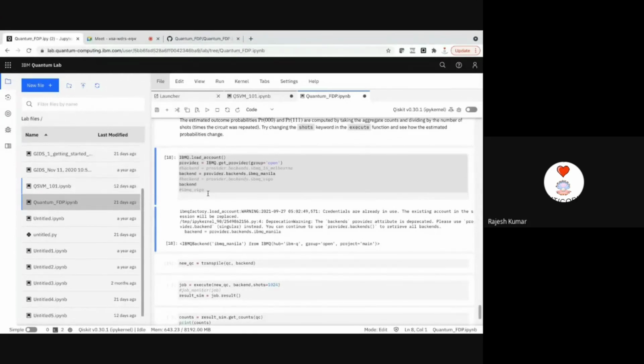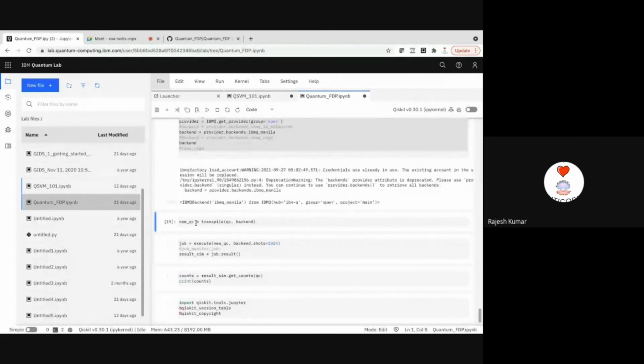This is what you have to do, nothing more. Okay, and then you have to say which system you are using. So you have the quantum computers made available from different data centers. Okay, this is from Manila, this is from Melbourne, Australia, this is from Spain. You have to mention that, and then go ahead and execute your job.